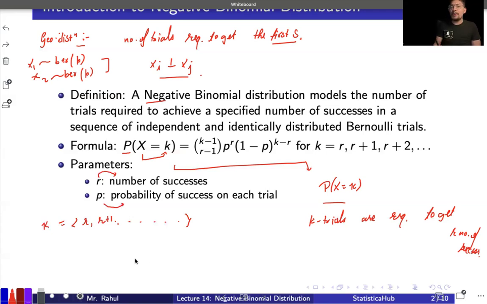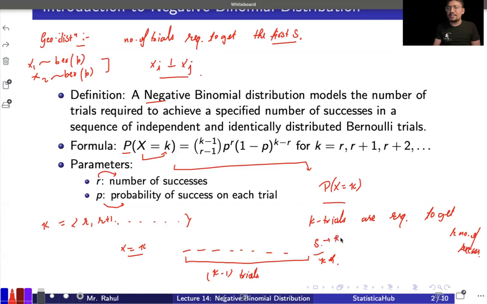Now we have to write the probability distribution. Let's say you go for X equal to K trials: 1, 2, 3, and so on. Let's say this is the Kth trial, and in the Kth trial there will be a success, correct? So you are left with K minus 1 trials, and this Kth trial is the Rth success, so you are left with R minus 1 successes in the previous zone.